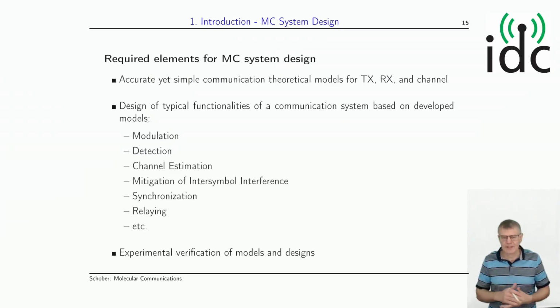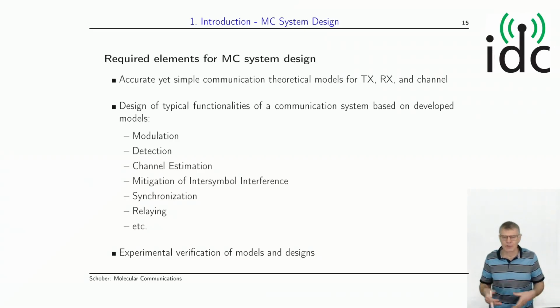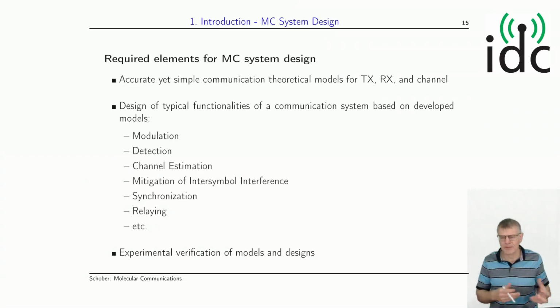Then once we have this, we need to develop the functionalities of such communication systems. And these include, of course, things like modulation, detection, channel estimation, and so on. But the way this might have to be done at the nanoscale may be very different from what we are used to at the macro scale, right? And I will show you one example for this today, actually. And then finally, we have to verify our concepts with experiments, right?